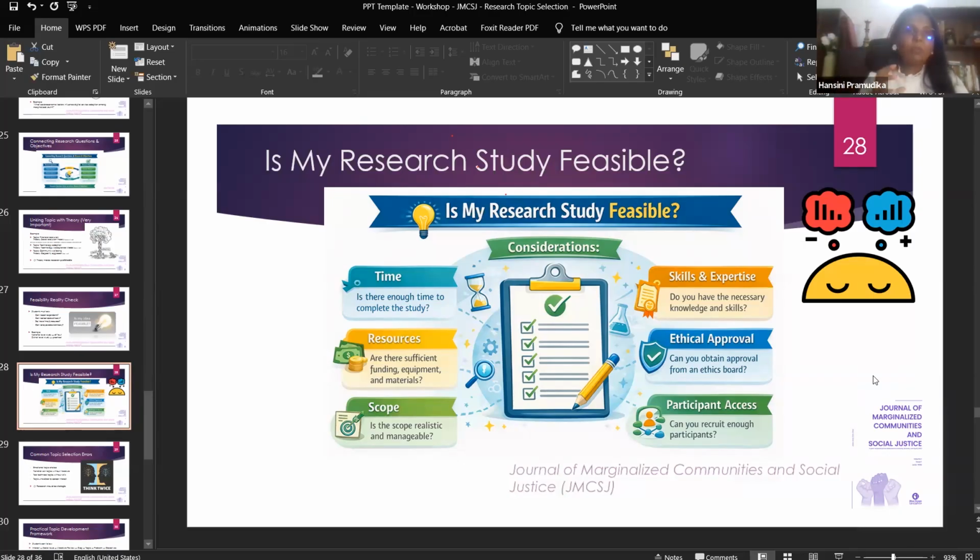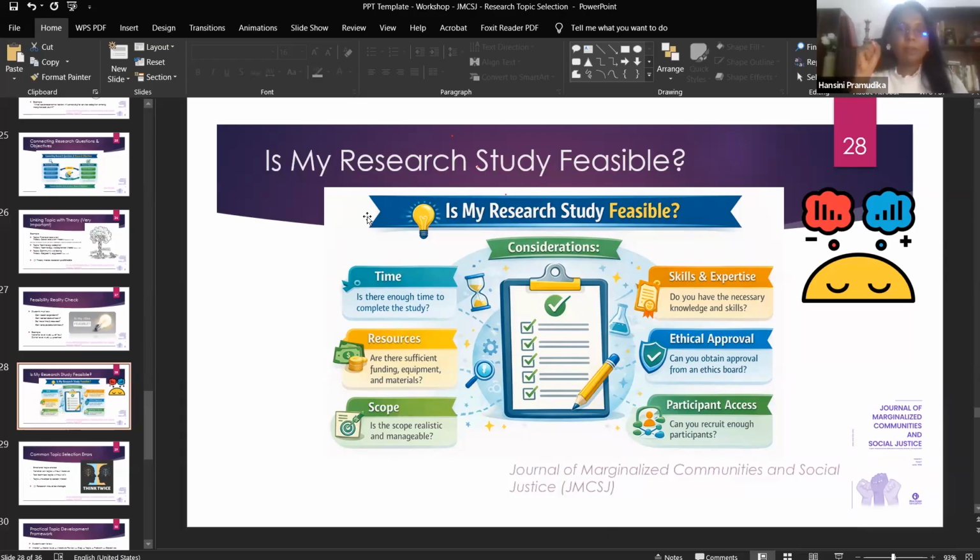Otherwise, even though the research title is that much important, right? Even though you have done the literature survey brilliantly, right? Even though you have built up the research objectives, questions, and everything carefully, right? But during your data collection, you may face plenty of difficulties if you didn't consider these kind of stuffs.